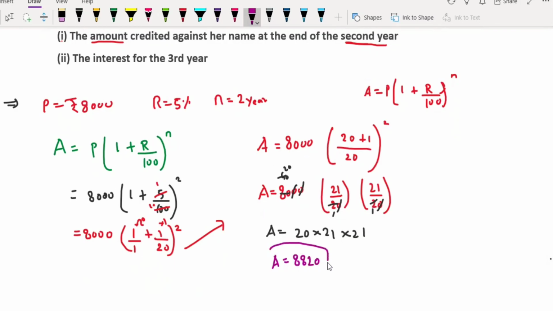That will be the amount we will be getting at the end of the 2 years. Okay, that was the first one.